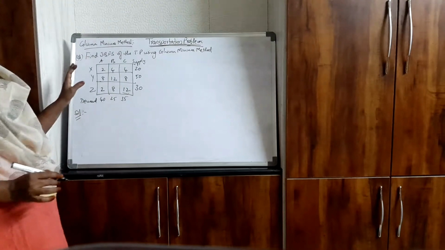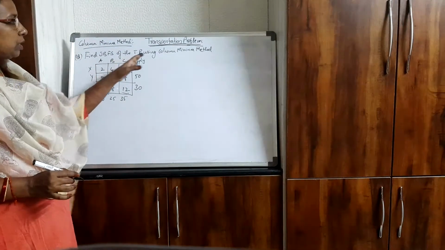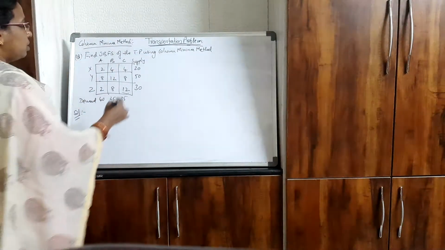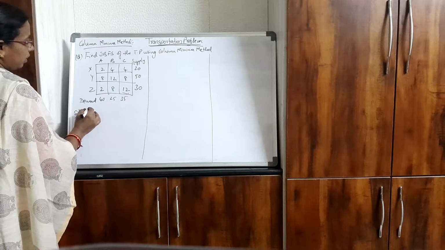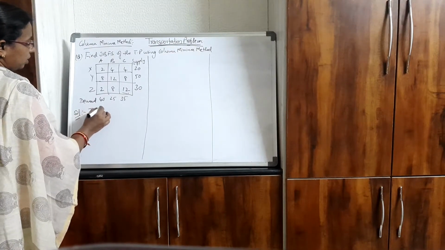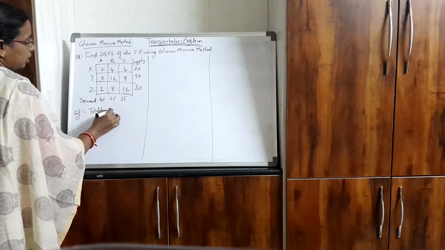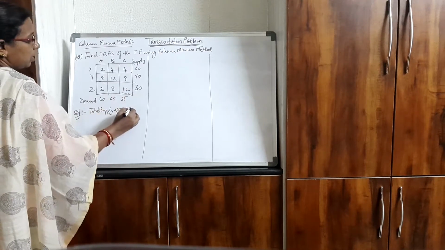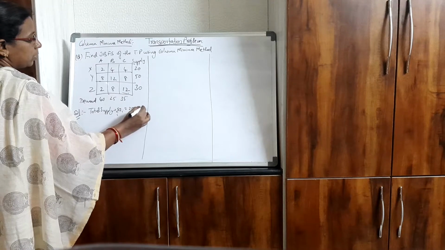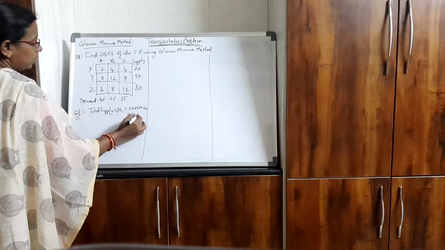So here we need to find the initial basic feasible solution using the column minima method. First step, as I have told you, you have to check whether the total supply, that is summation Ai, is equal to how much? 20 plus 50 plus 30, which is 100.